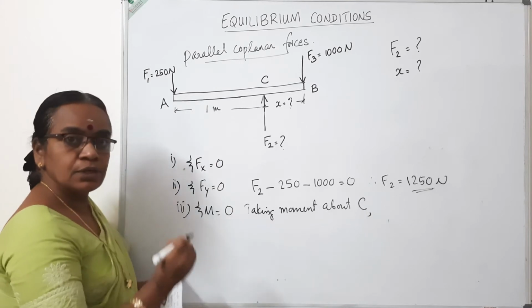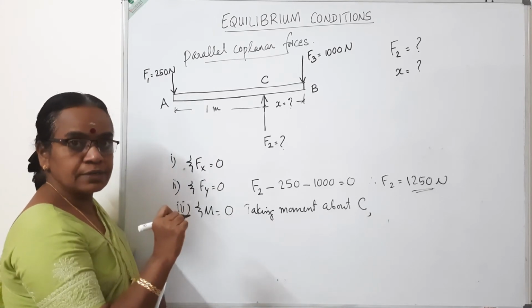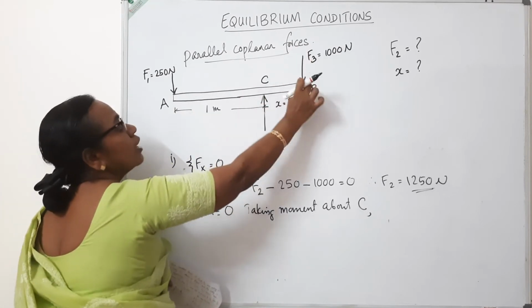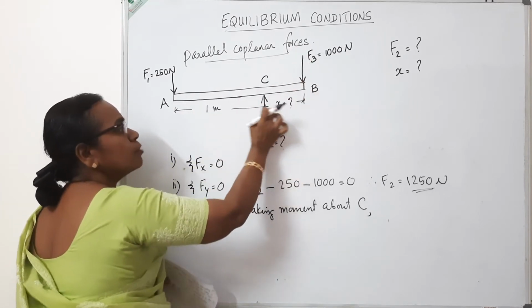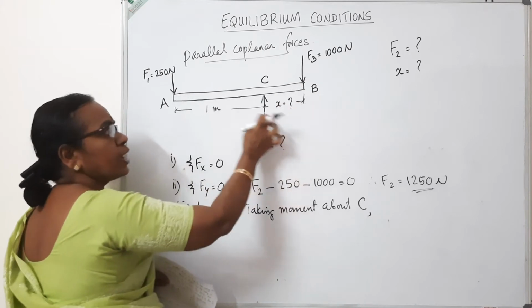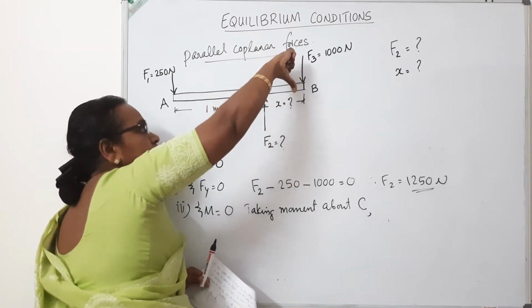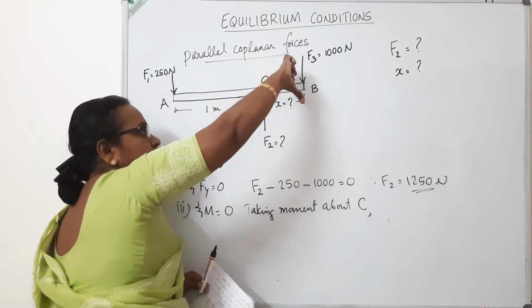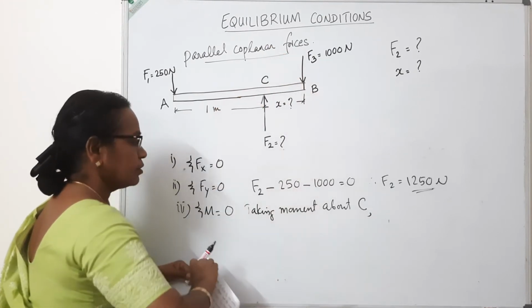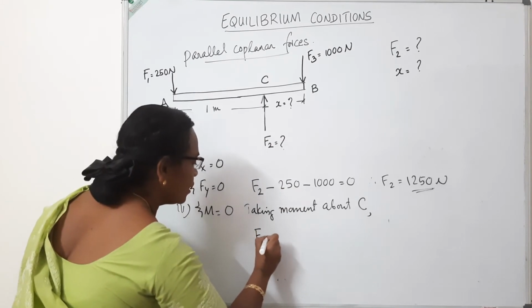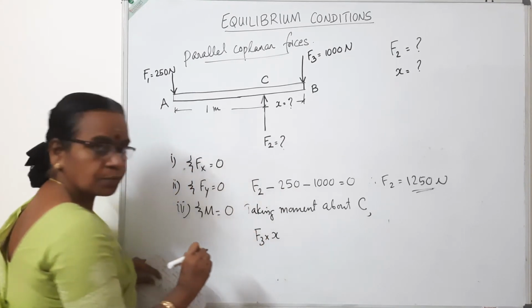What is moment? Force into perpendicular distance, F into D. Consider this 1000 Newton, moment about this point will be 1000 into X. What is the nature? F3 is acting downward, rotating about this point C, it is clockwise. So taking moment about C, F3 into X, clockwise, so positive.